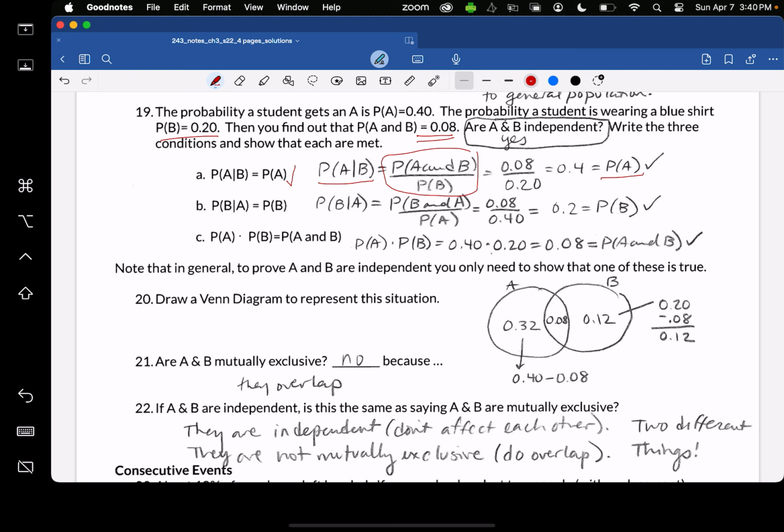Finally, is P of A times P of B the same as P of A and B? If I take 0.40 times 0.20, I get 0.08, and that is what I said the probability of A and B was. And I think you'll be relieved to know that your likelihood of getting an A will not change depending on whether you're wearing a blue shirt or not.